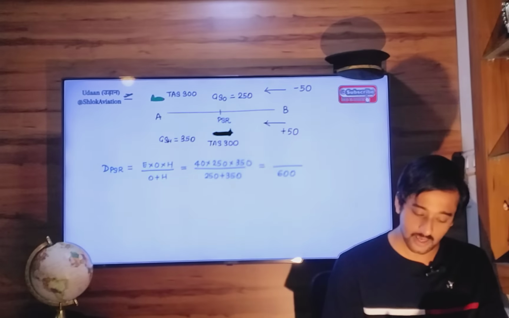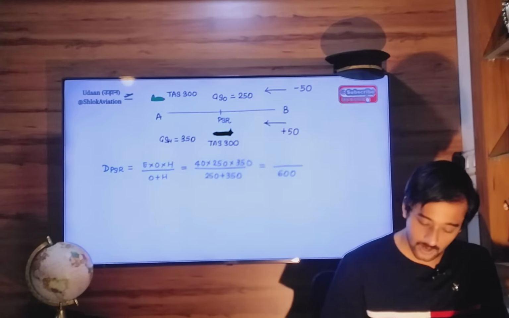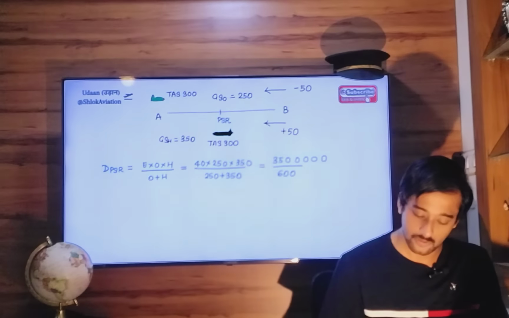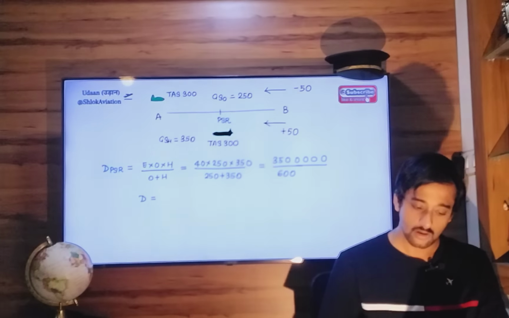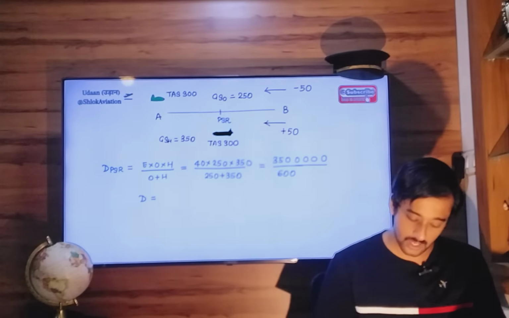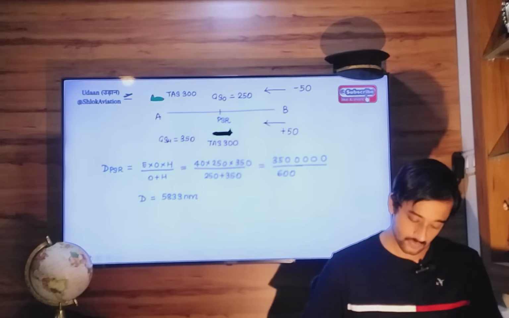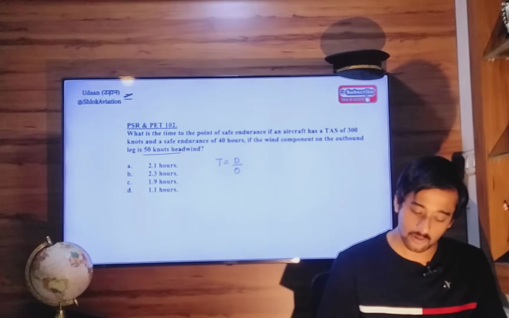In the numerator we have 40 into 250 into 350. So that is equal to 5833 nautical miles.